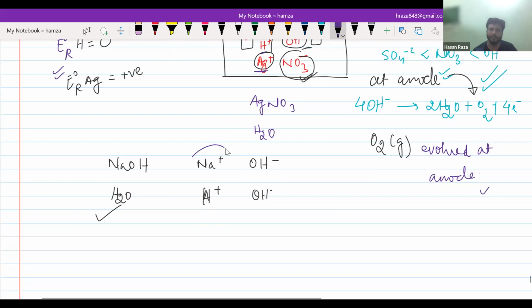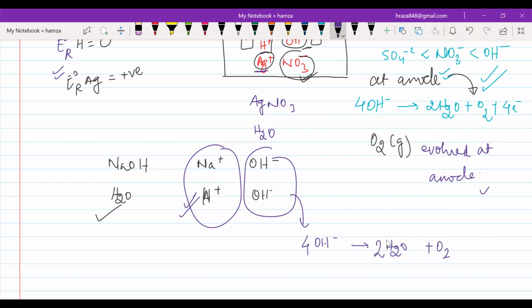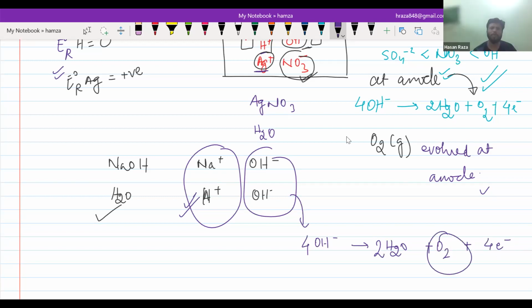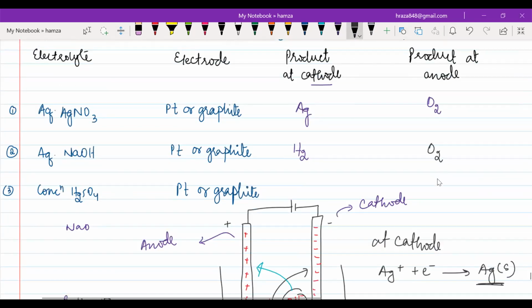We have decided that H plus will migrate to cathode, and you can see both are the same. So one of them will move towards anode, and it will form H2O along with O2. Just balance it according to yourself. So O2 will be at anode. Yes or no? Yes, sir.